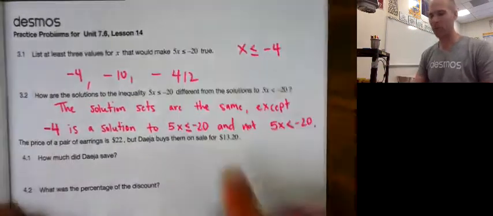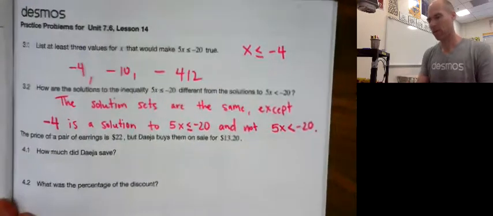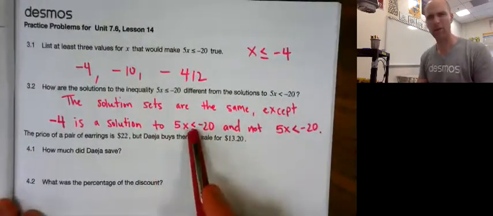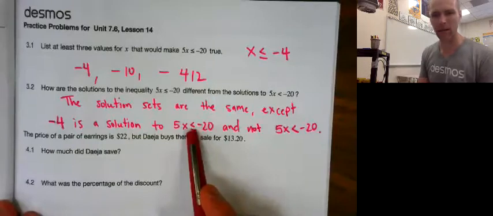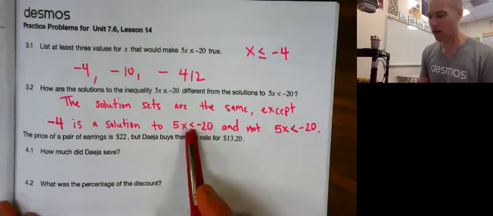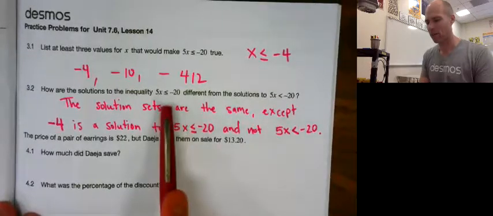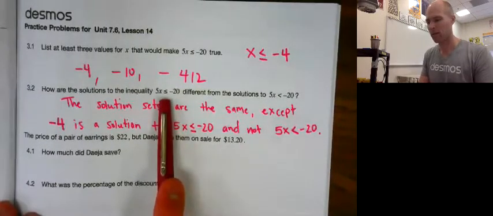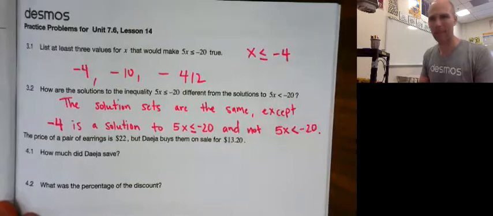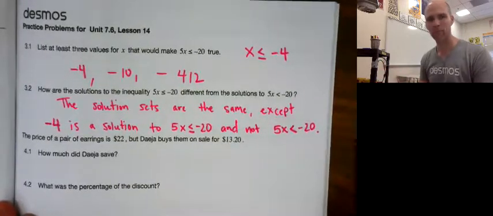If you're working online, this might be kind of hard to do. I don't know if you can type the less than or equal sign. If you're working online and you just want to say the first one and not the second one, that works.